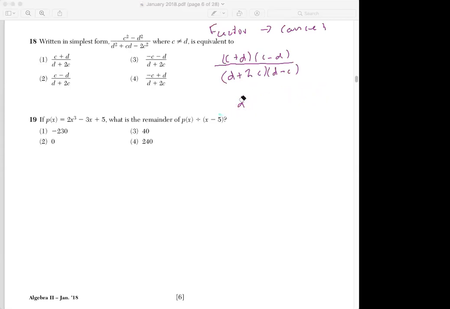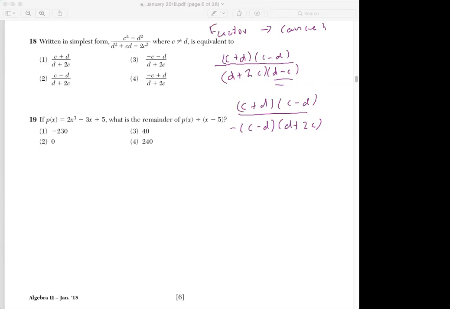Remember what I mentioned earlier, if you want to switch things around, you can just pull out a negative. So we can rewrite this D minus C as C minus D. We just have to pull out a negative. So this can become C plus D, C minus D, over negative C minus D, and D plus 2C.